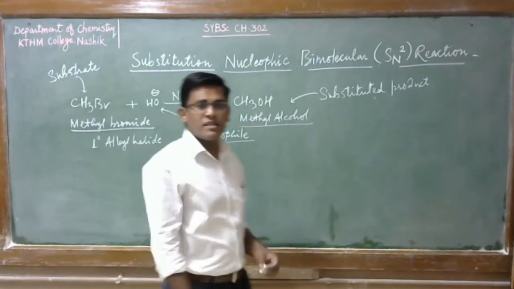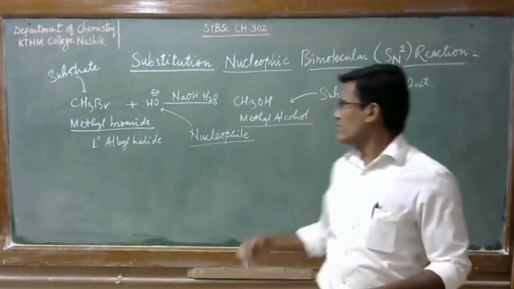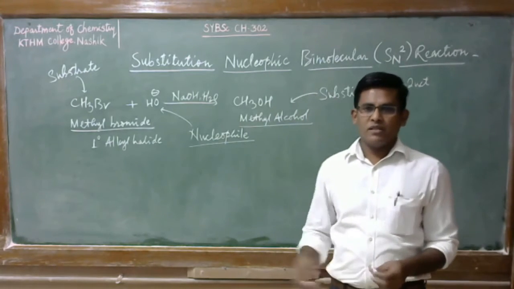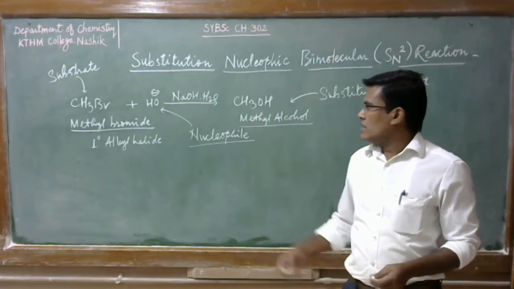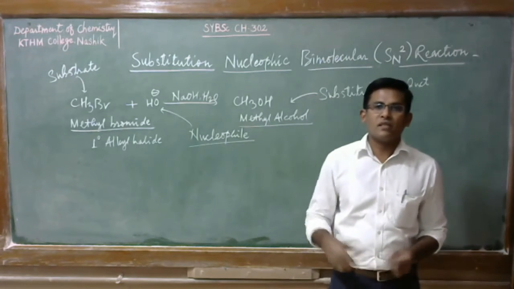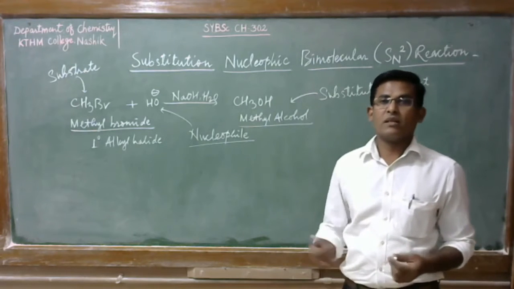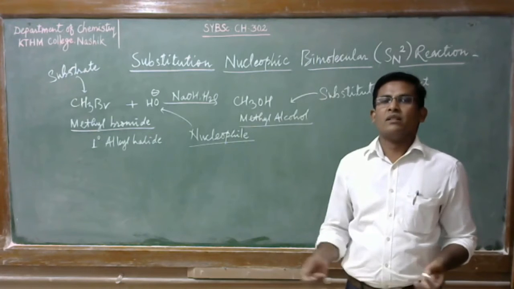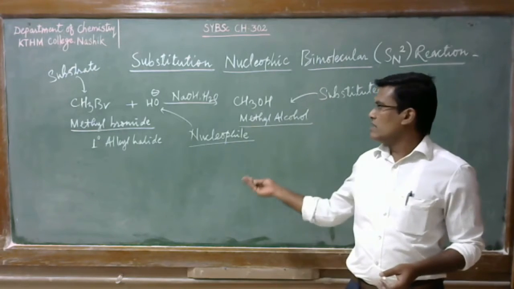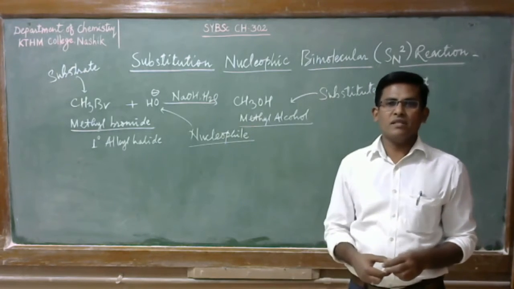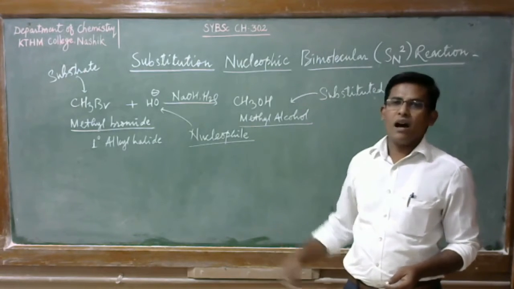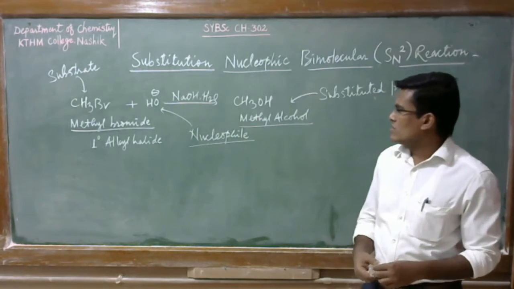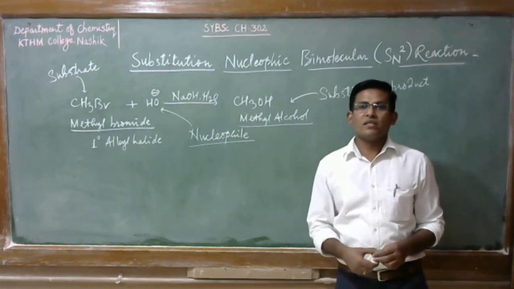If the concentrations of the substrate and nucleophile double, the rate will also double. If the concentration of either of these reactants is halved, then the rate will also be half. So it depends on the concentration.